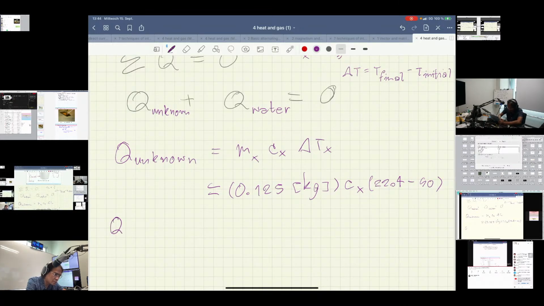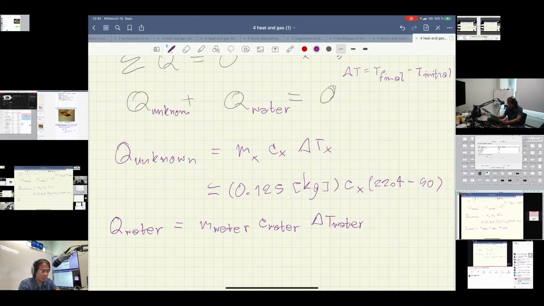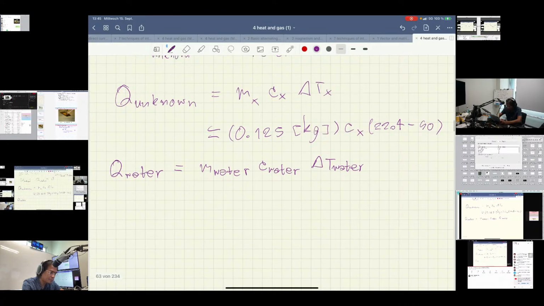And Q, let's talk about Q water. The heat related to the water is going to be the mass of water, the specific heat of water, and delta T of water, because it starts from a different temperature. They have their own temperature change. All right.